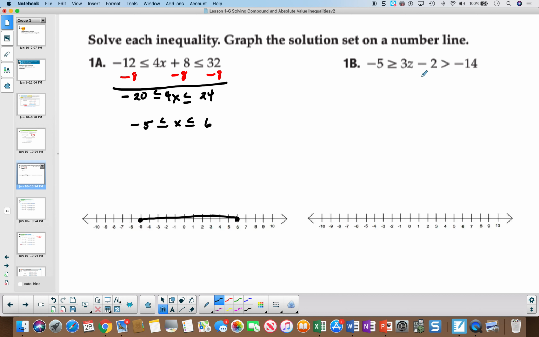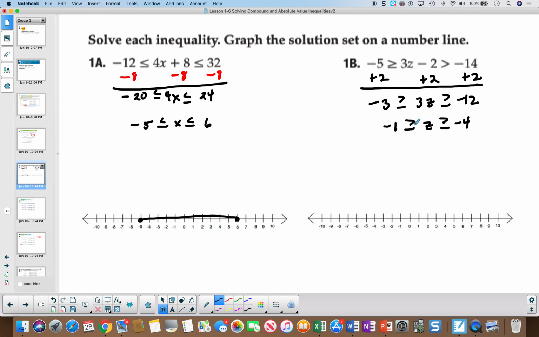All right, here I'm going to add 2 to both sides, all 3 sides. And this is going to be -3 greater or equal to 3z, which is greater or equal to -12. And then this will be -1 greater or equal to z, which is greater or equal to -4. Now notice I didn't change the sign because I didn't divide or multiply by a negative number. This is kind of awkward for me.